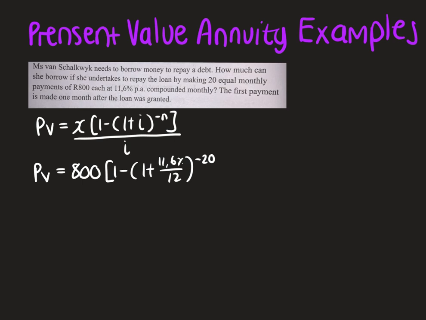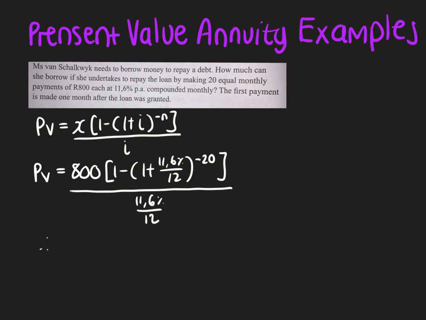Now, why is it not minus 20 times 12? Because they already told us that the N value was in terms of months. 20 equal monthly payments, okay? All over 11.6% over 12.